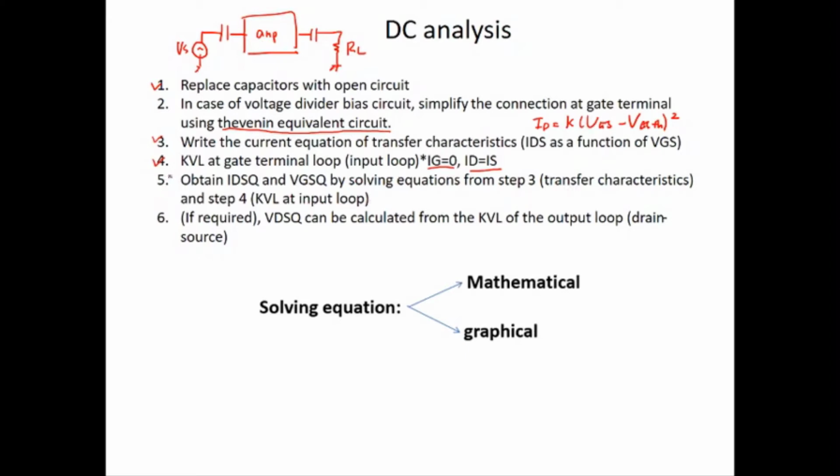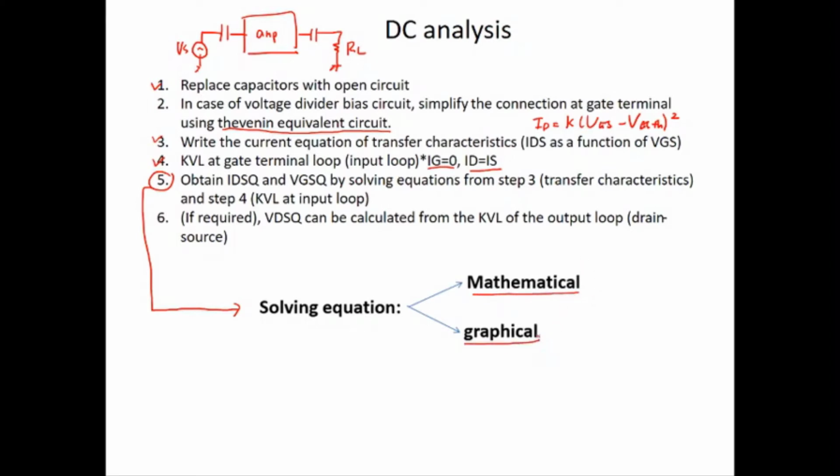For number 5, you are solving two equations. The solving of the equations can be done two ways. The first way is by using mathematical calculation, and the second way is using the graphical method.